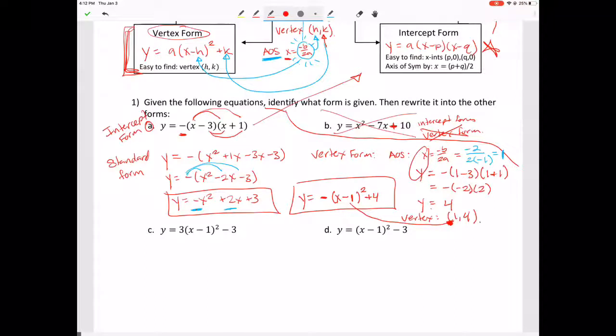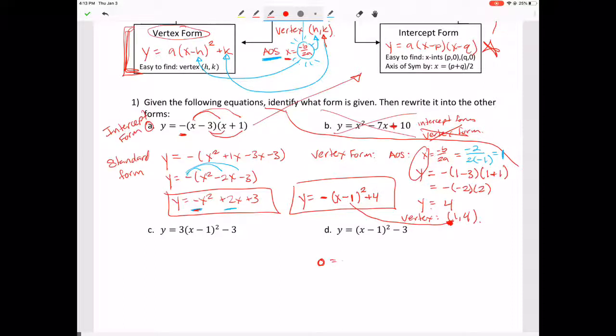So completing the square, what we're going to do, and this is a little tricky sometimes when we have this a as a negative, because usually we don't have a negative for our completing the square. But we can still do it. So completing the square, what we do is we replace y with 0.